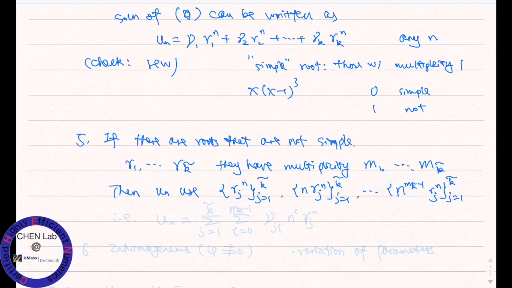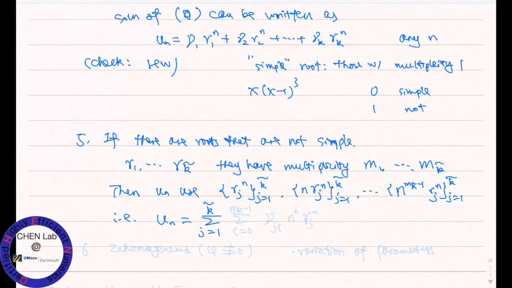But basically, when they have higher multiplicity, it's a linear combination of more things. Let's write them down anyway. So the solution is equal to, you go through all the roots of the characteristic polynomial.